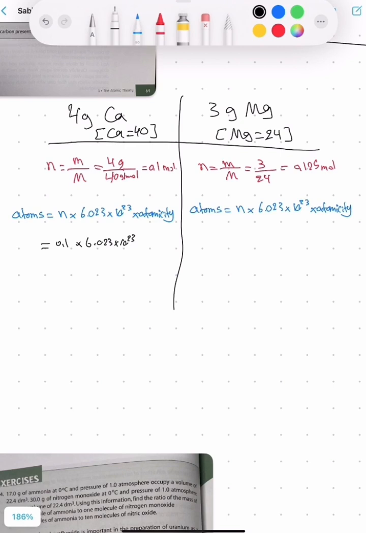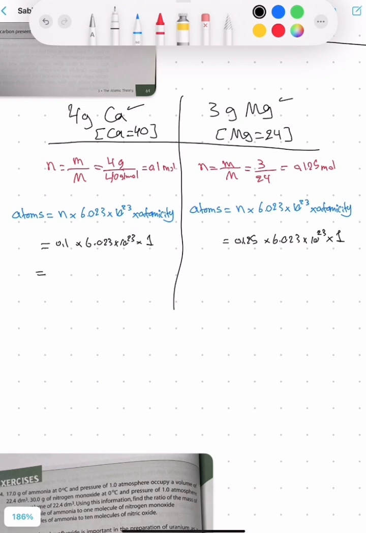Atomicity for both of them is 1. Why? Because it's just calcium, it's just magnesium, which is one element, so atomicity is 1. You just multiply it. Here as well, number of moles is 0.125 times Avogadro number, again times 1 because the atomicity is 1.